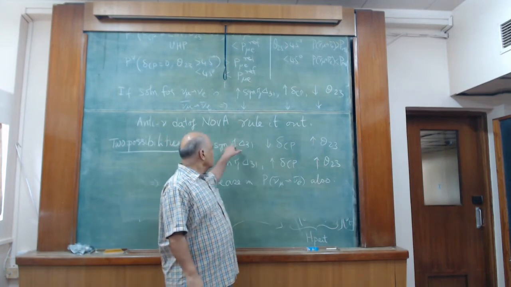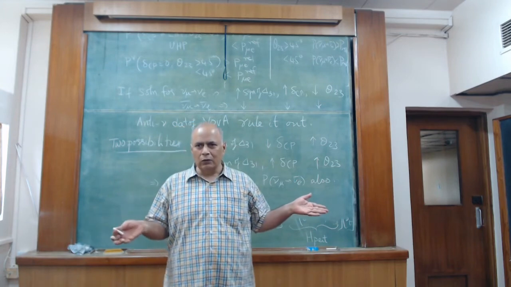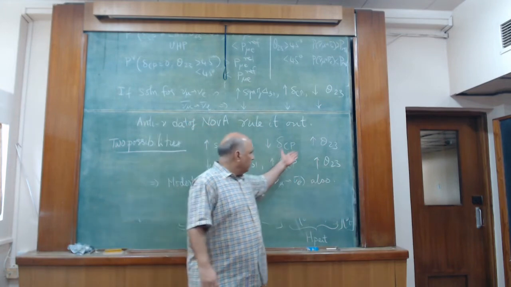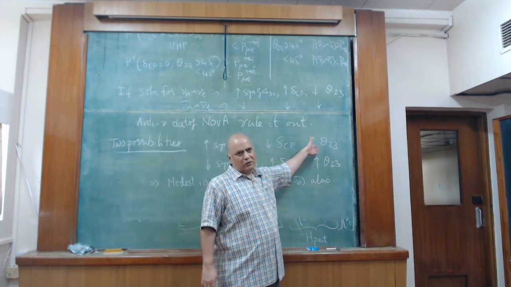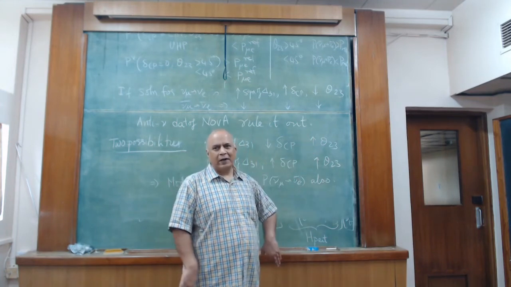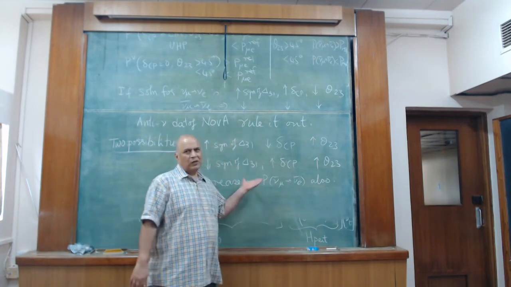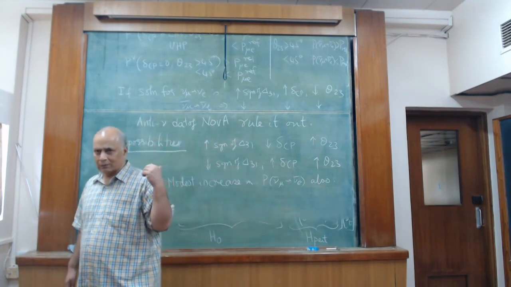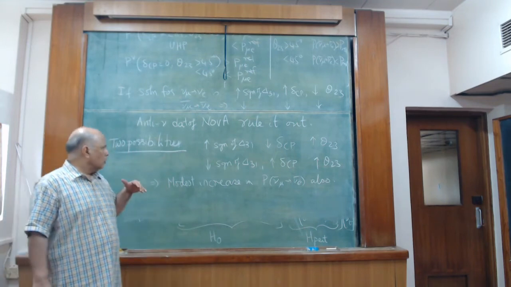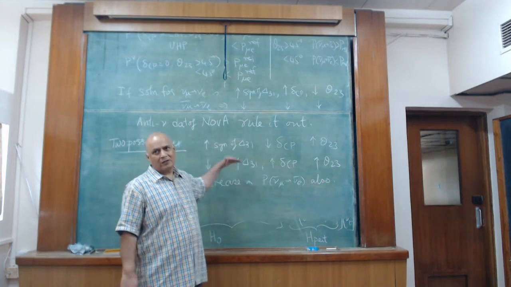In neutrinos, the effect of delta 3 1 and delta Cp are cancelling out, leading to a modest increase coming due to theta 2 3. And the same thing will happen in antineutrinos also, and that is actually what NOVA sees. So based on NOVA data, you cannot make a distinction between the two.